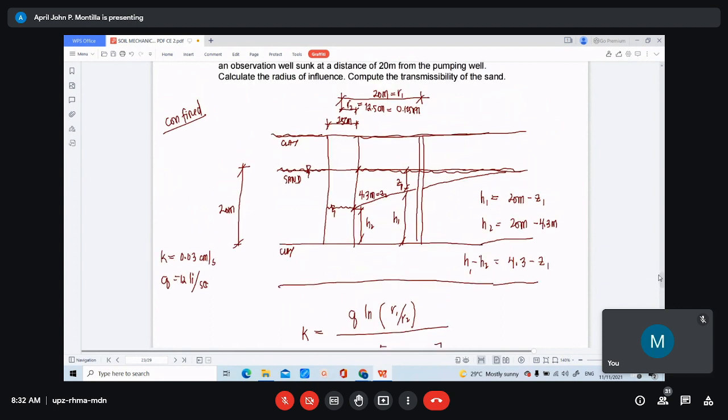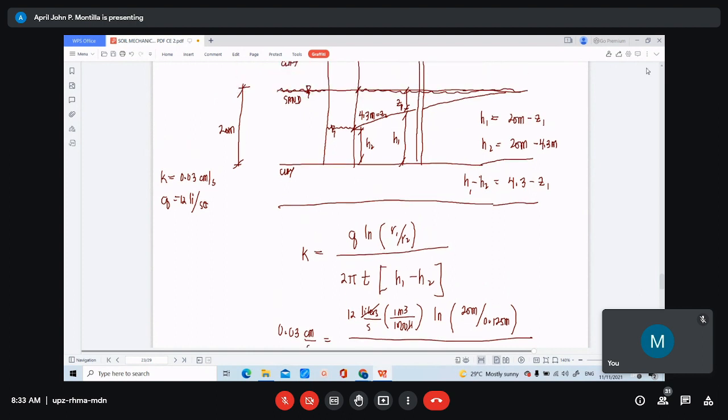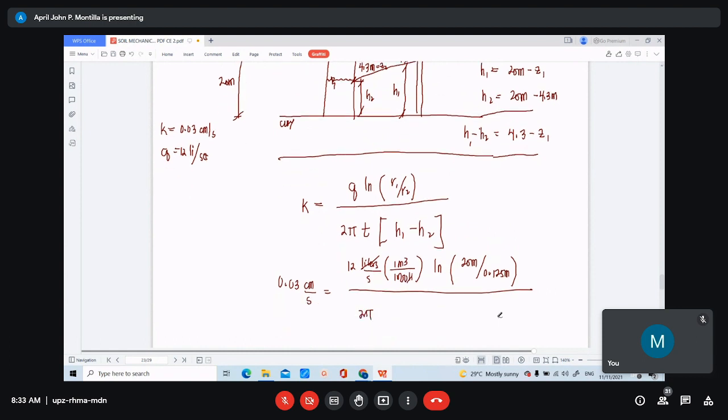Ang R1 ay 20, ang R2 ay 0.125. 20 meters divided by 0.125 meters, divided by 2 pi. Ang thickness ng aquifer, yung kapal lang ng aquifer, 20 meters, multiplied by H1 minus H2, that is 4.3 meters minus Z1.